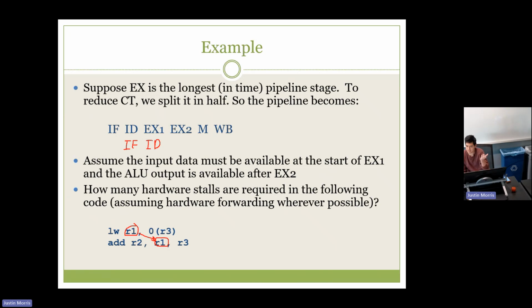I have my hazard detection unit, right? The hazard detection unit says, I'm trying to read from register 1. The instruction in front of me is operating and storing to register 1, and it's a load word because it's reading from memory. So I need to stop.